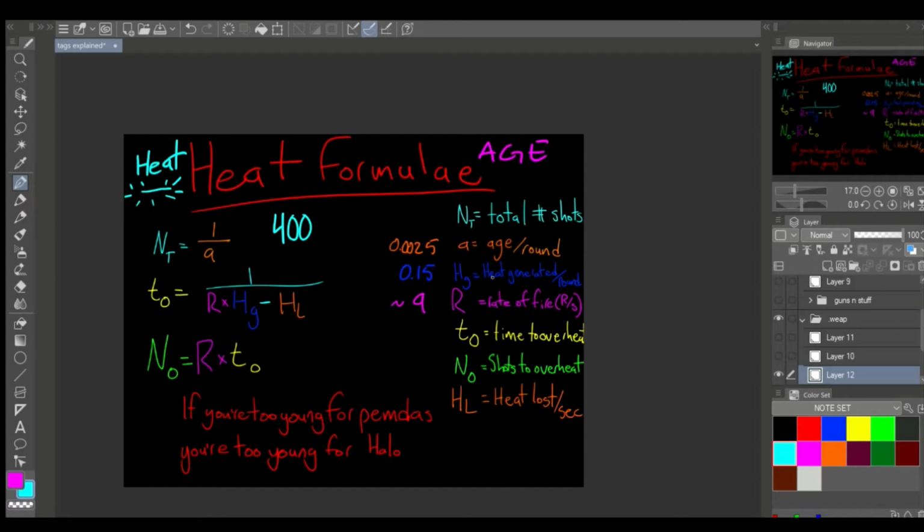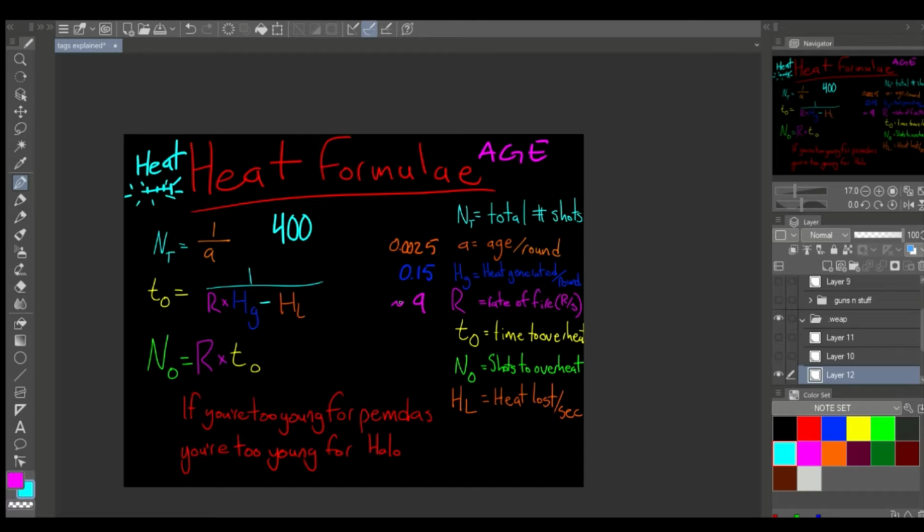Then I'm going to look at the next couple ones right here before I move on to this next formula. Heat generated per round is how much your bar fills up per shot. In this case, it's 0.15, and then R is the rate of fire in rounds per second.